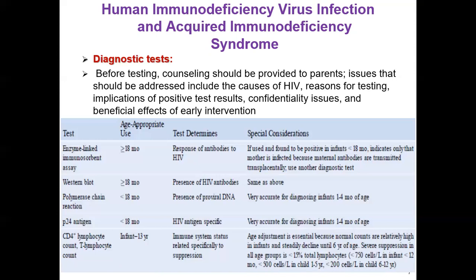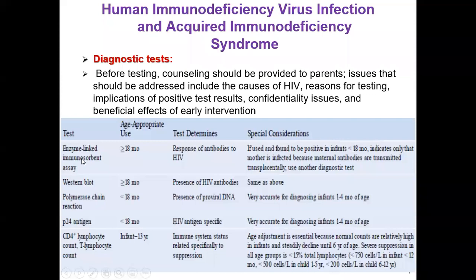HIV infection has basically 3 stages. We call them stage 1, stage 2, and stage 3. And the stage depends upon the number of CD4 cells. So what are the different tests? Enzyme-linked immunosorbent assay, we call it the ELISA test, Western blot, polymerase chain reaction, or CD4 lymphocyte count or T lymphocyte count.